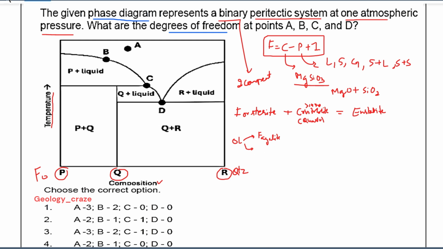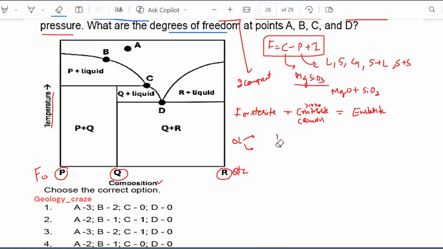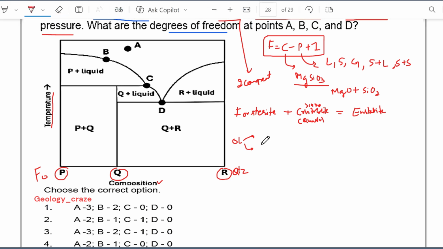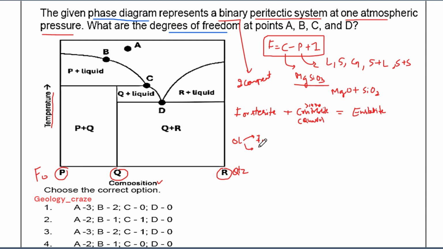First we will write phosphate. One is phosphate, one is phyllite. Phosphate is Mg rich, and its formula is Mg2SiO4. Phyllite is Fe2SiO4.